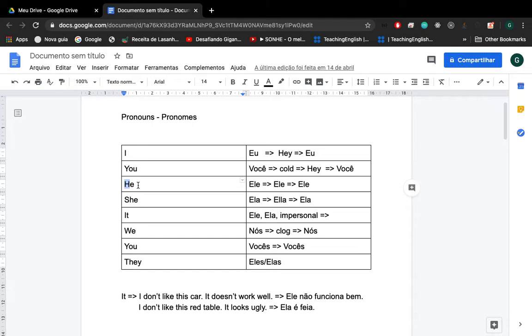For example, my cousin doesn't like coffee. He thinks it smells bad. So to refer to my cousin again, I use the pronoun he. It's the same in Portuguese, except that it's written and pronounced differently, obviously.